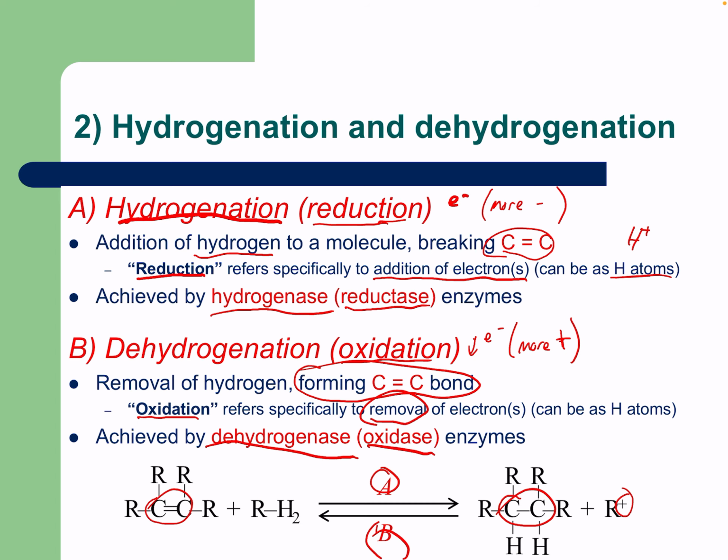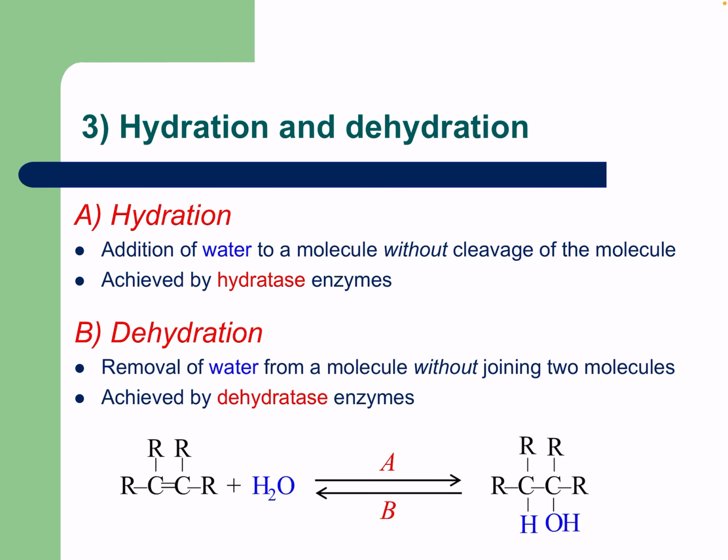Next, hydration and dehydration. By the title, we can infer that this is closely related to H2O. Think about hydration of yourself when you drink something. It is the addition of water to a molecule without cleavage of the molecule. This is achieved by hydratase enzymes. Dehydration is the removal of water from a molecule without joining two molecules, achieved by dehydratase.